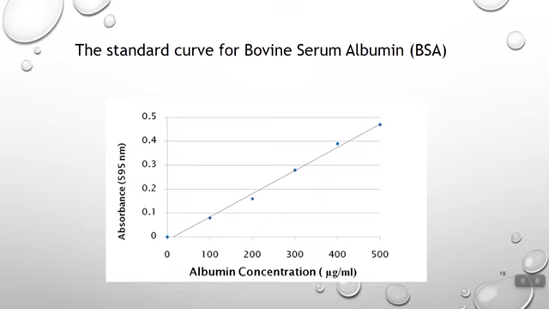For this purpose, 100 microliters of samples obtained after dialysis were mixed with Bradford reagent, and after 5 minutes their absorbance were measured at 595 nanometers against 100 microliters of double distilled water and compared with the standard curve for bovine serum albumin.